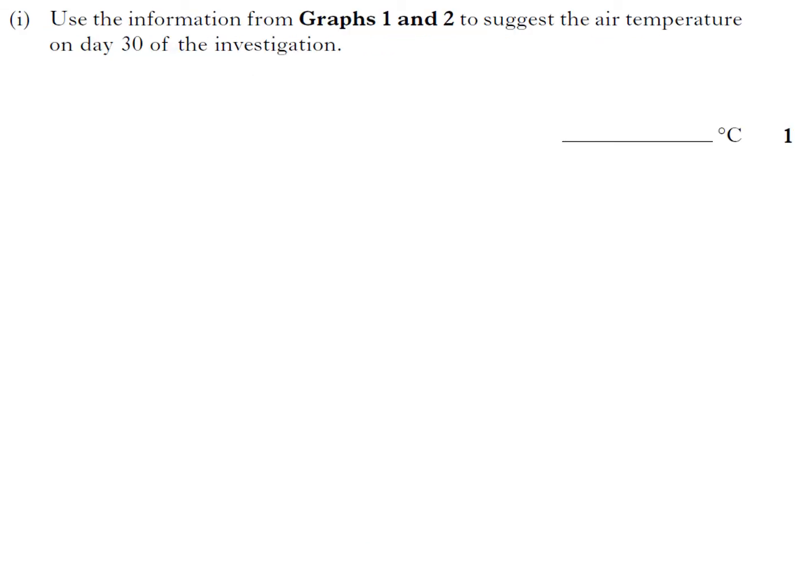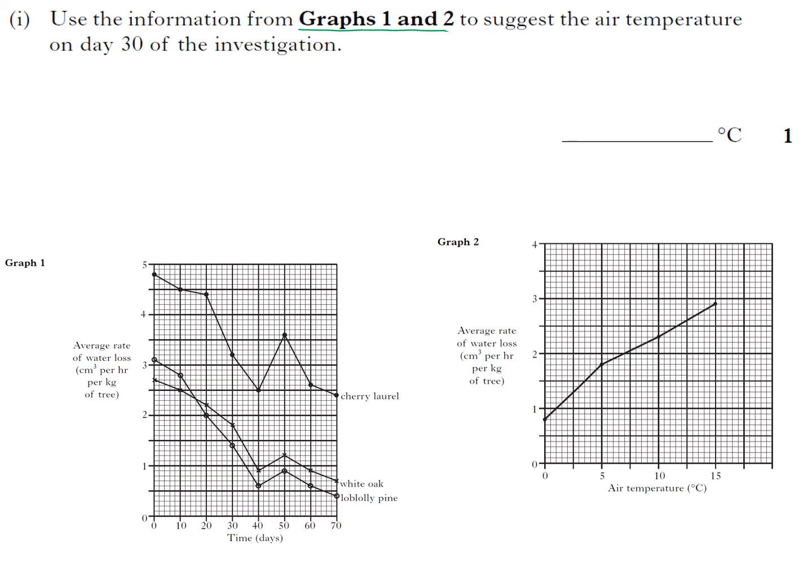Okay, use information from graphs 1 and 2 to suggest the air temperature on day 30 of the investigation. This is in bold, it's both of these graphs, so you're going to have to use both of them. Day 30. So remember as well, this is about the loblolly pine, not any other one. So day 30, the loblolly pine lost 1.4 centimetres cubed per hour per kilogram of tree.